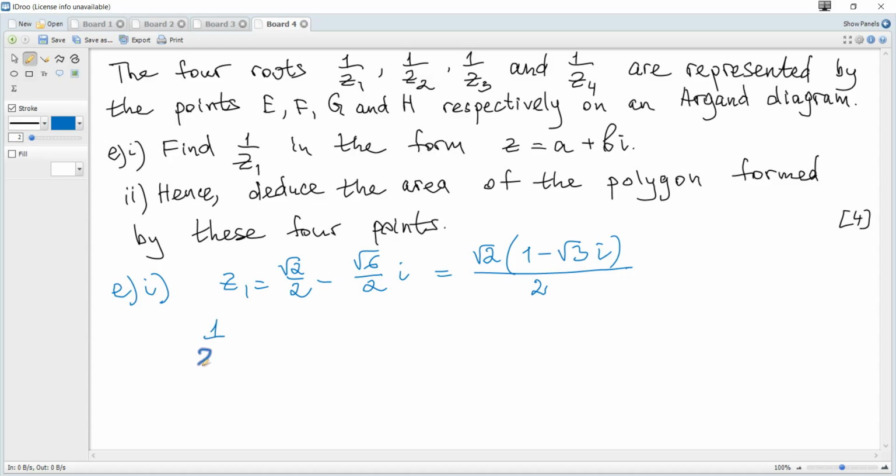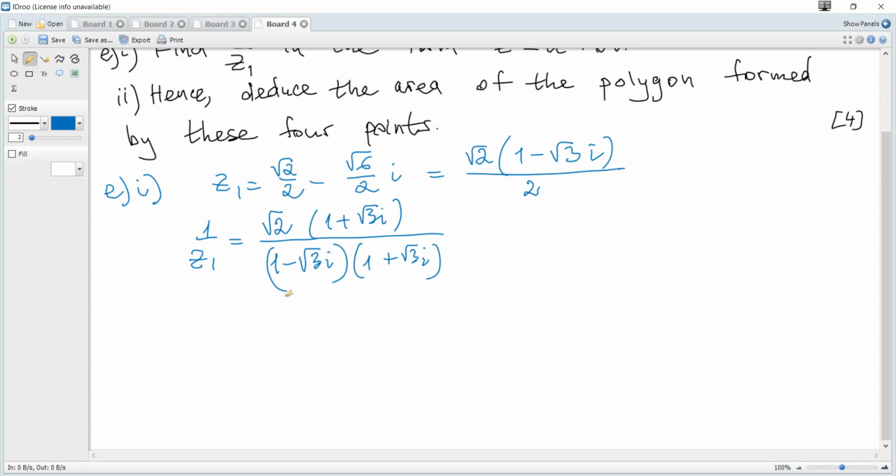we need 1 over z1, it becomes 2 over root 2, or just root 2 in the numerator, and 1 minus root 3i in the denominator. And multiplying numerator and denominator by the complex conjugate 1 plus root 3i, we get the formula a minus b times a plus b, so that it's a squared minus b squared, so that i disappears.